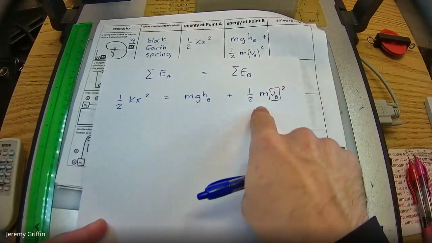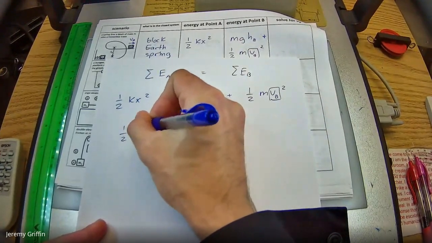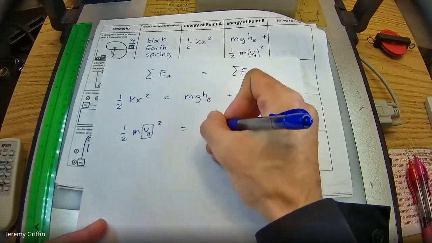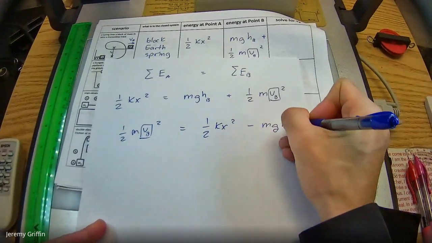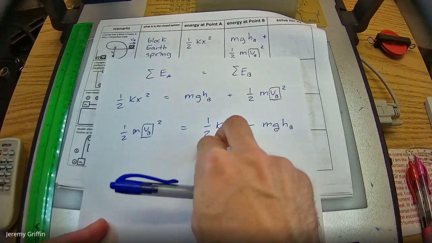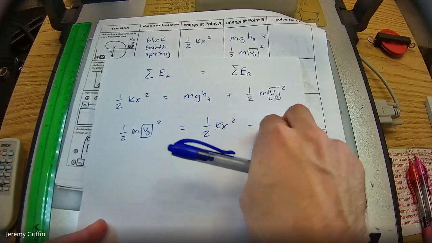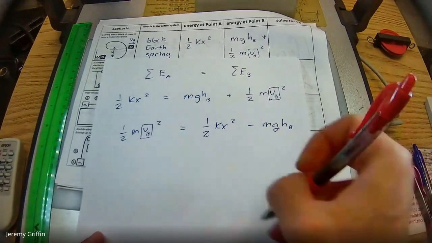All right, so subtract this term over, and we get 1/2 m vB squared equals 1/2 kx squared minus mgh. The way to interpret this particular line is: whatever energy you started with, take away the energy to lift the block, and you'll be left over with energy that goes into its motion. I'm going to do a double algebra step here.